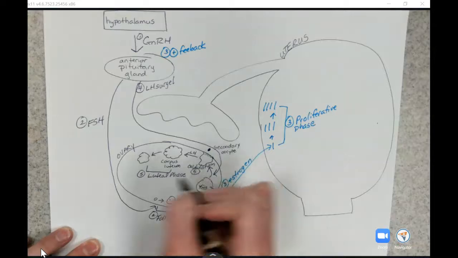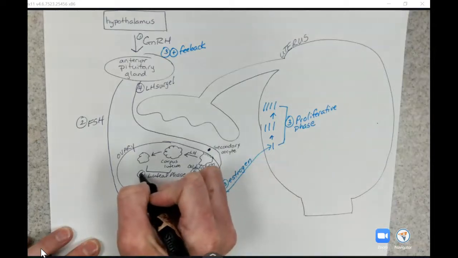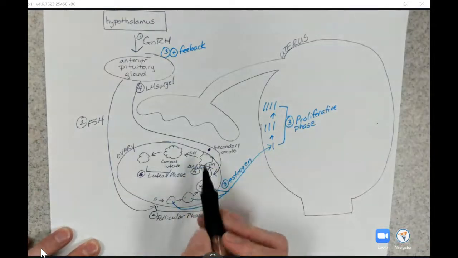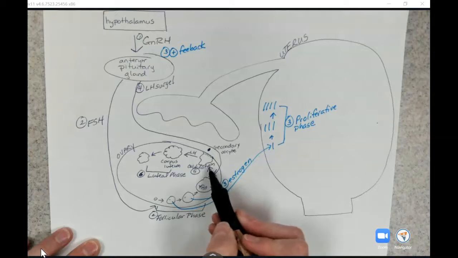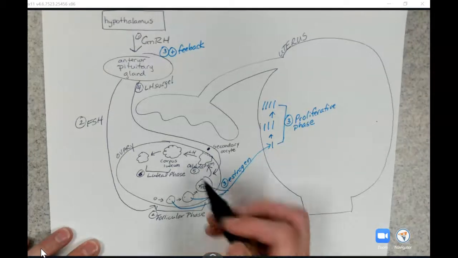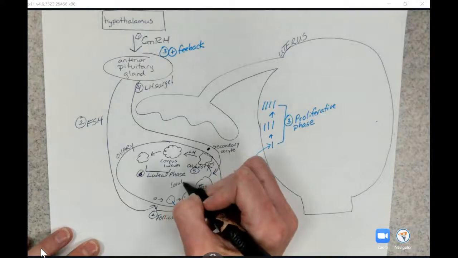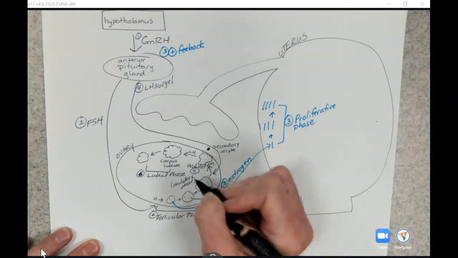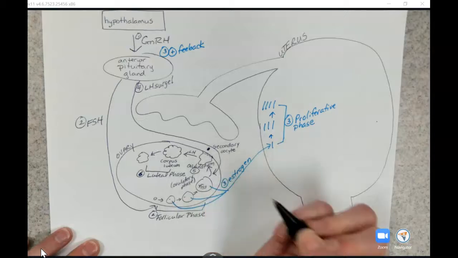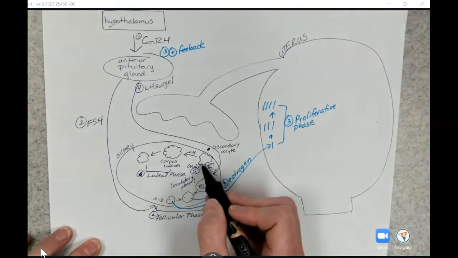That's number 5. So LH surge caused ovulation, which is the ovulatory phase, right? And so if you need to write that, those are the same thing. In my head, I just associate them as the same thing, but if you need to have it written down, there you go. So ovulation occurred.